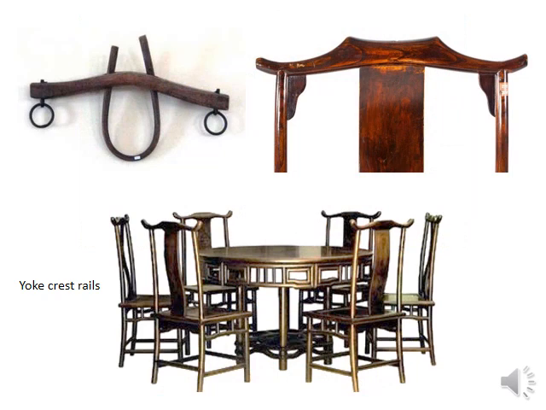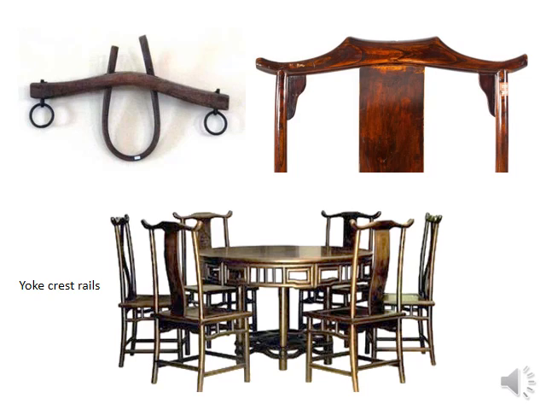So looking at a little more detail here, the yoke pictured in the upper left, of course the animal's head fits in that lower loop area. The yoke is the form that sits on top of the neck. And then the two rings here are where ropes would be attached to help direct the animal as it's plowing through the field. And so now when we look at this, again, this subtle sweeping, upcurving form and compare it to the crest rail in the adjacent picture, we can absolutely see its influence.